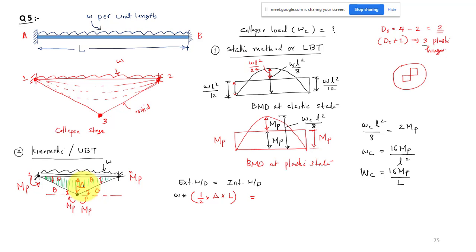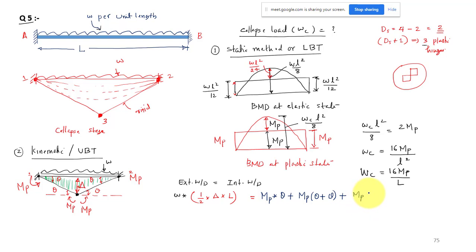So how will you get that? It is MB here, so I write MB multiplied with the rotation at that point, MB into theta, plus here we have MB theta two times, MB theta here and MB theta here. So that is MB into total rotation, theta plus theta. And here MB into theta.